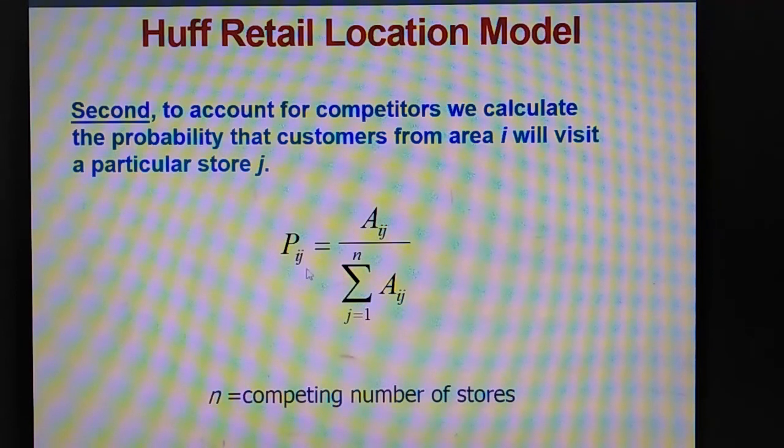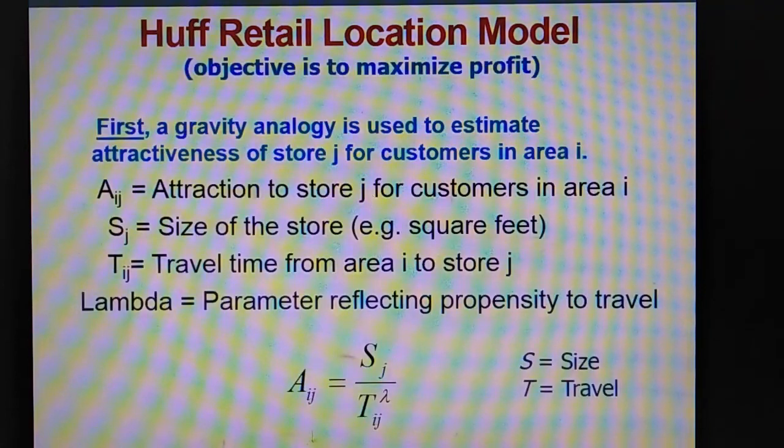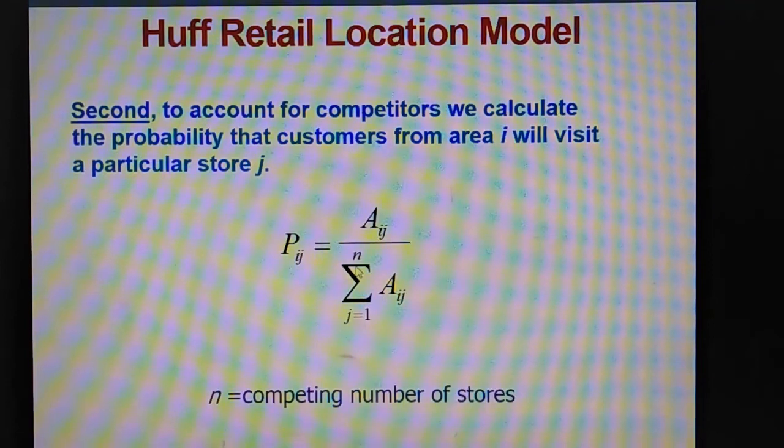And this probability is calculated by P equal to A. A is basically the previous formula, which is calculated here. And this is divided by the summation of attractiveness of the other competitors around your store, n equal to the number of competing stores.